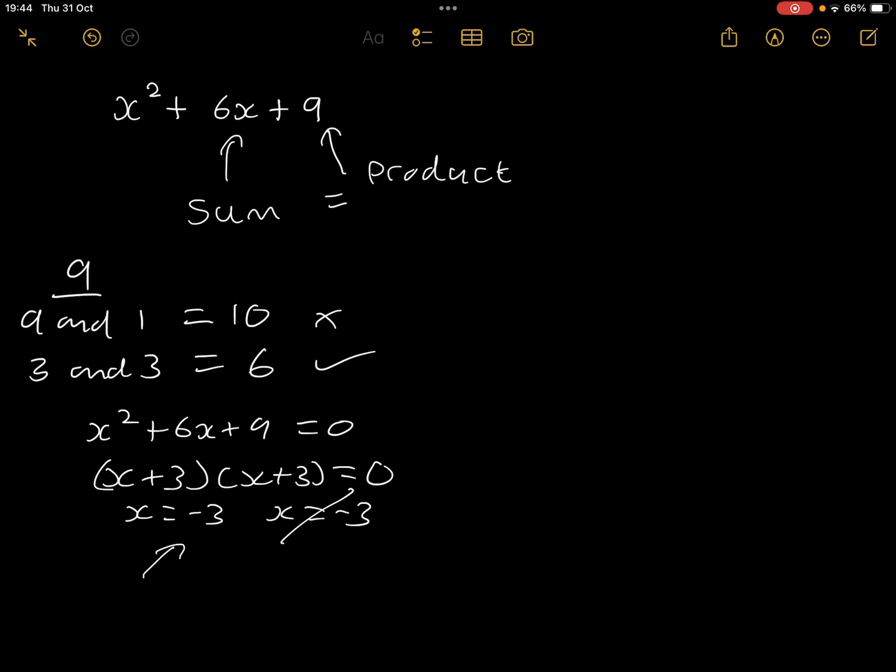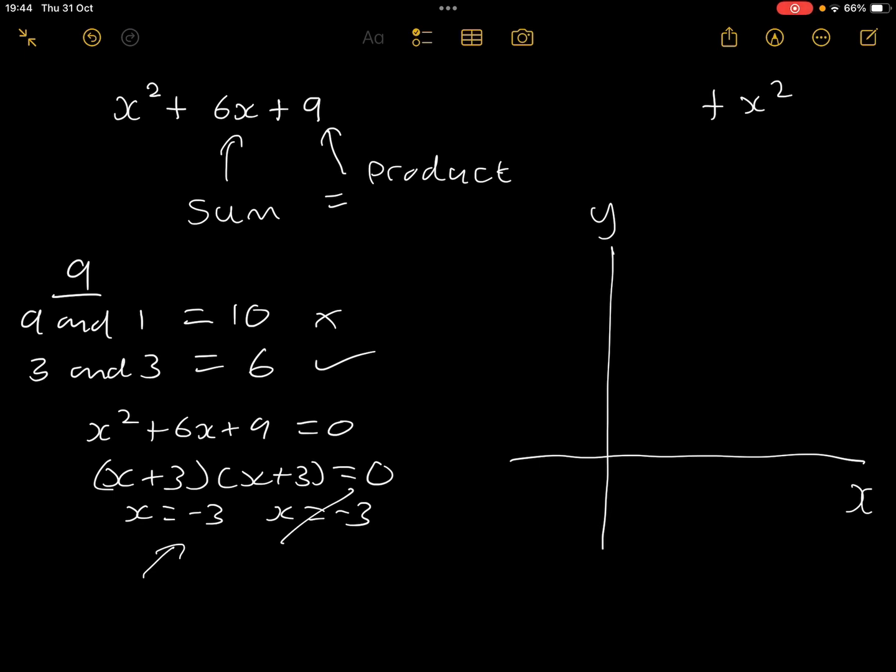Okay, now when it comes to plotting what we've just done, let's get our axis going here. We have a y and an x. We know that's going to be a smiley face graph because it is a positive x squared graph. We know that it's going to have only one hitting the axis, only one root, and we know that this goes at minus 3.